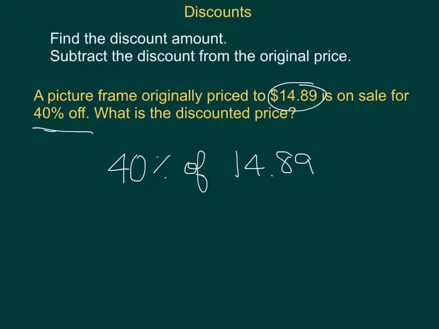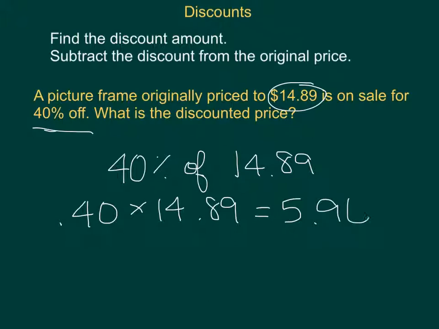So to do that, again, you turn this into a decimal and you multiply by your number. Always remember to turn that number into a decimal, and you will get $5.96 approximately. That means that you are going to take away $5.96 from the original item because that's how much the item is off.